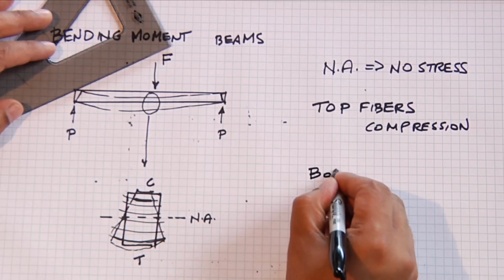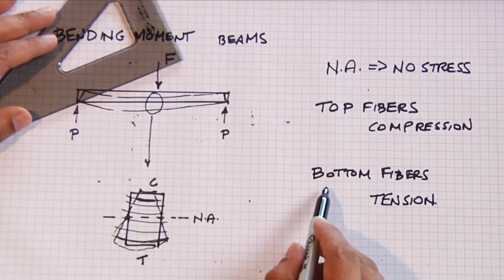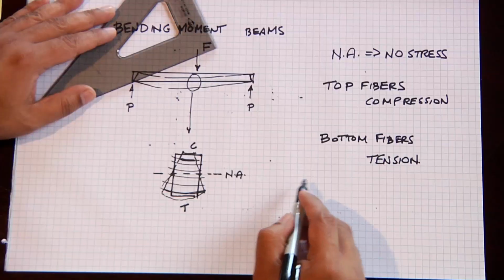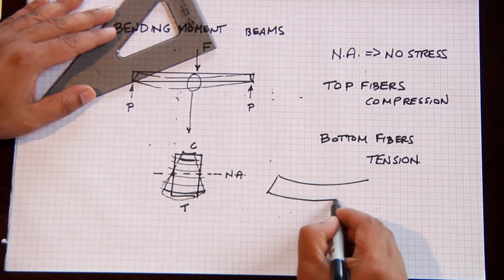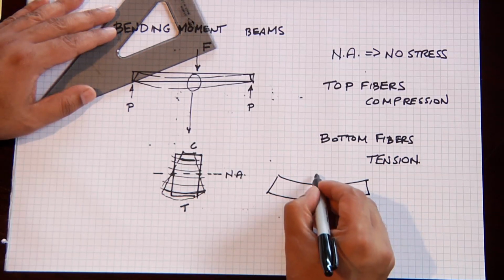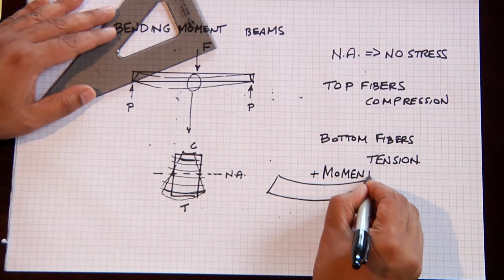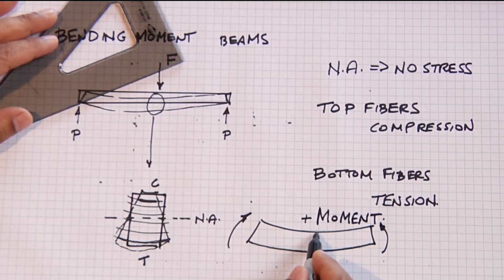On the bottom fibers, we have tension. This is the standard performance of a beam under what's called positive bending moment. Positive bending moment, which occurs with the top being in compression and the bottom being in tension.